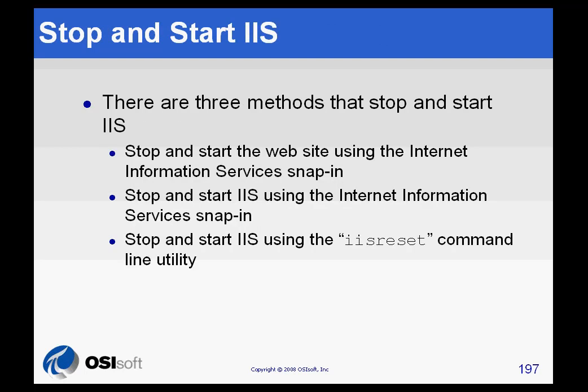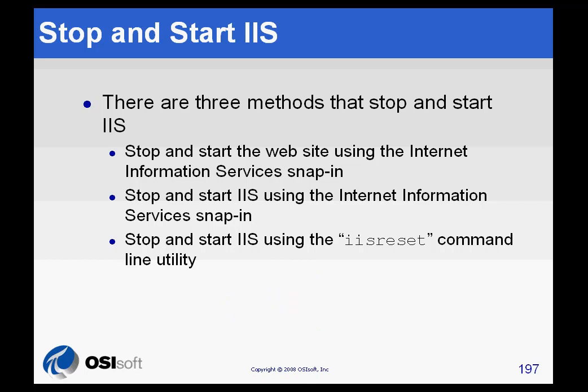Now, one of the common troubleshooting tips that you may hear when you're talking to tech support, or read in our documentation, is to do a reset of Internet Information Server. There are three ways you can do that. You can stop and restart IIS, your specific website, or all of IIS using that manager.